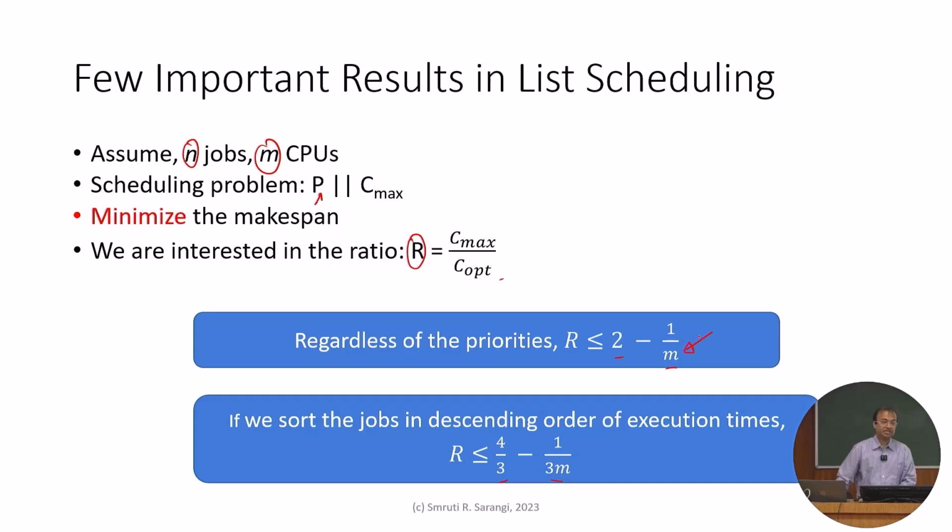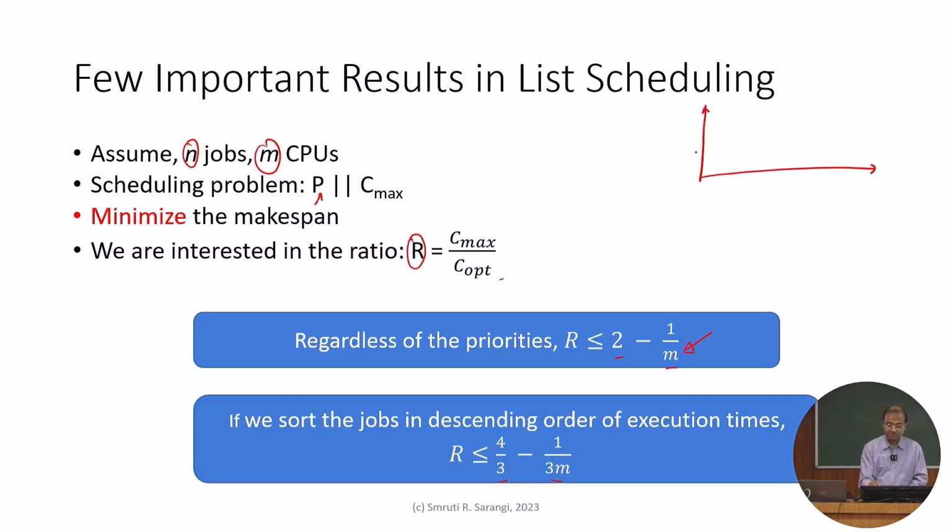The proof for the second one is there in the references if you look at the book. So what is the first result saying? The first result is saying you take any list scheduling scheme subject to the fact that there is no idling. The ratio is bounded by 2 minus 1 by M, where M is the number of CPUs. All right. So proving this is not very hard at all.